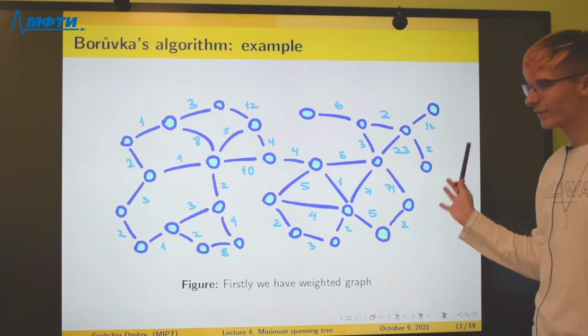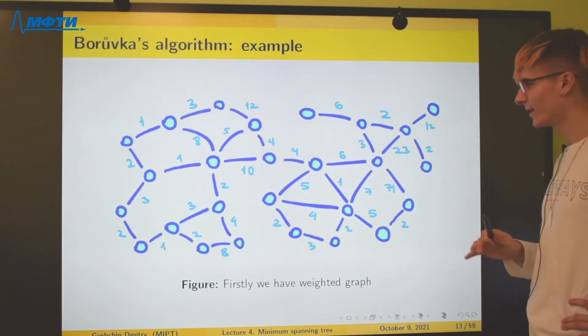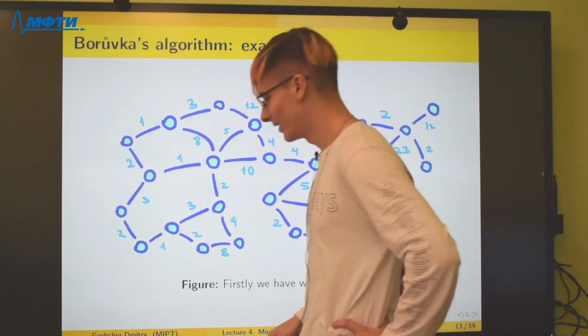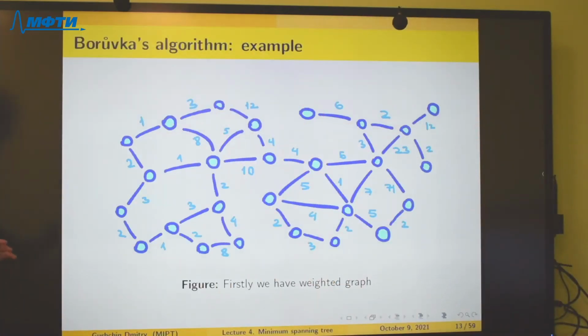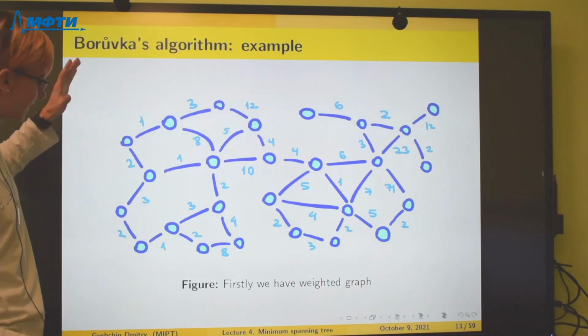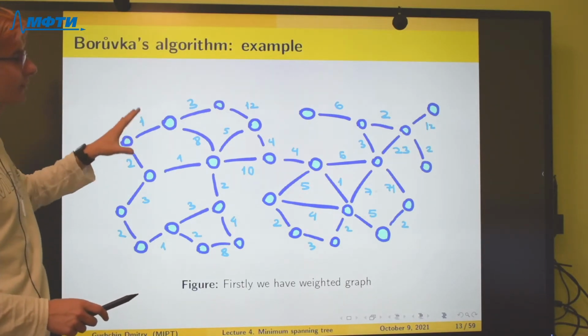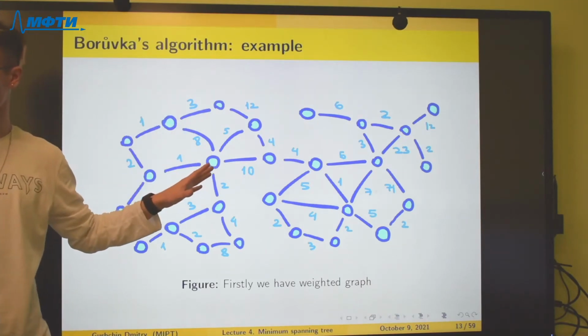Near 26, for example. I don't know. 20. Okay. I believe you. It is 26. It is 26 vertices on the slide.